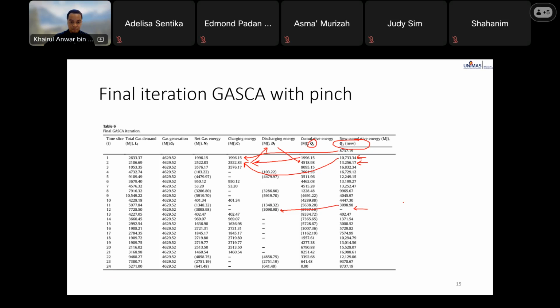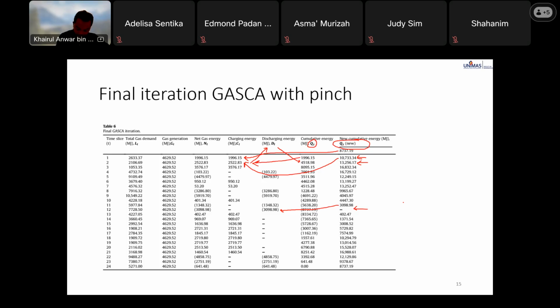So the targeted initial and final energy content of gas storage were found to be identical at 77.1 megajoule per hour, as highlighted in Table 6. The pinch point occurred at time slot 12, implying no cumulative energy was stored at gas storage system at this time interval. Alternatively, graphical analysis can also be applied to perform the targeting of decentralized gas energy system.